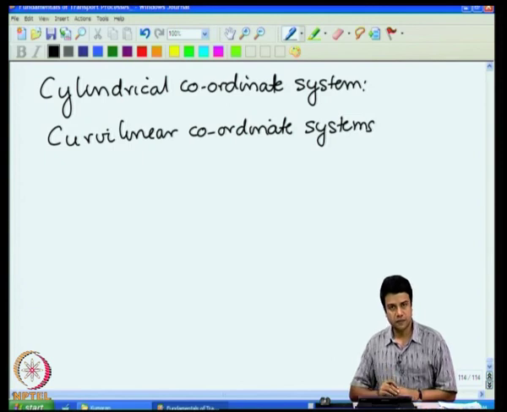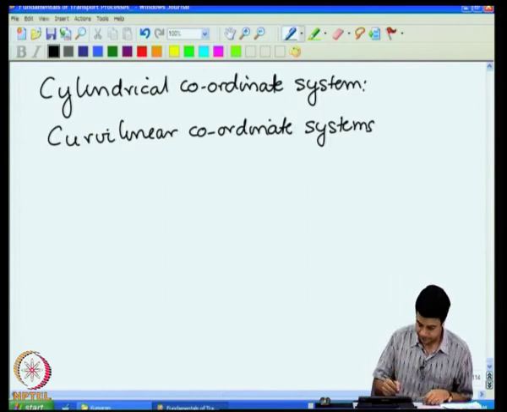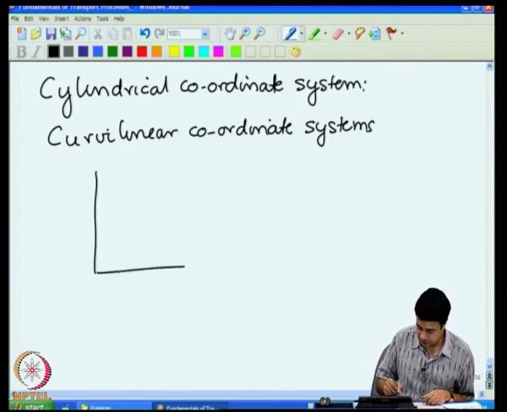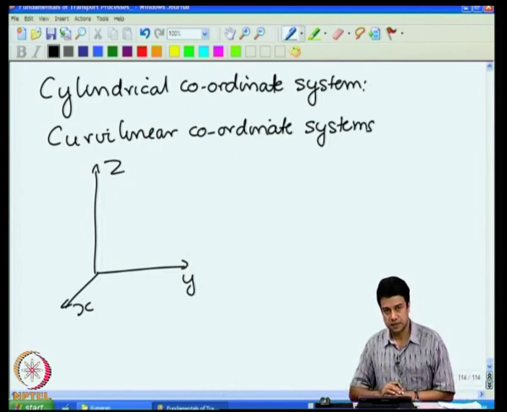And these are different from Cartesian coordinate systems because the lines of constant coordinates in these coordinate systems are no longer straight lines. In a Cartesian coordinate system, the three axes x, y and z are all straight lines.